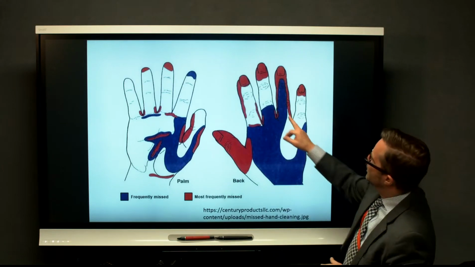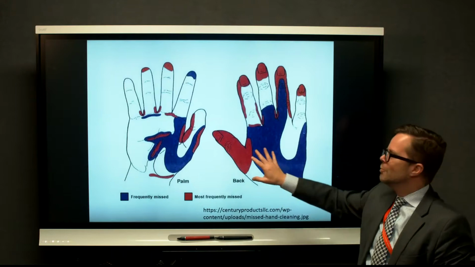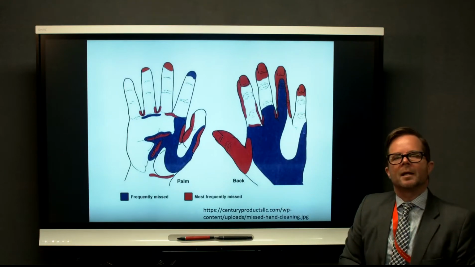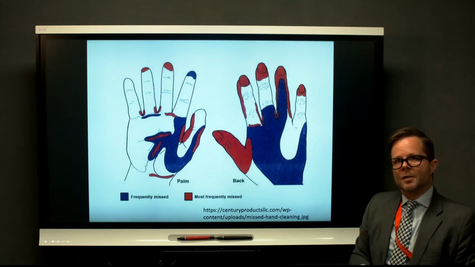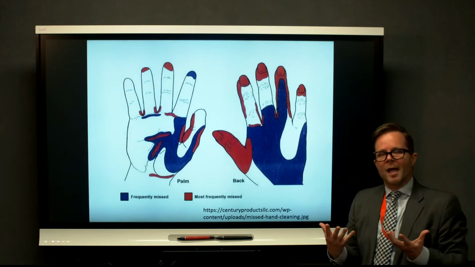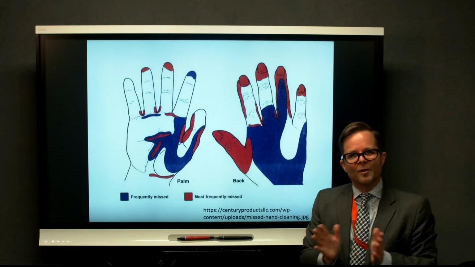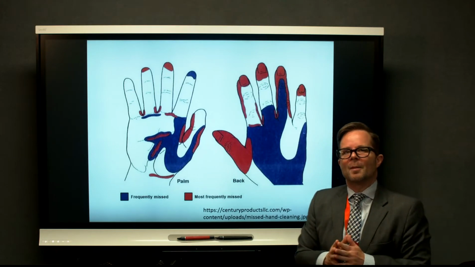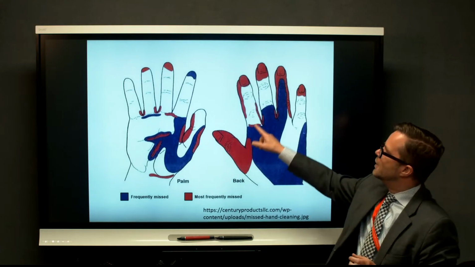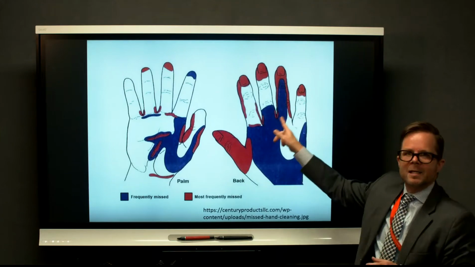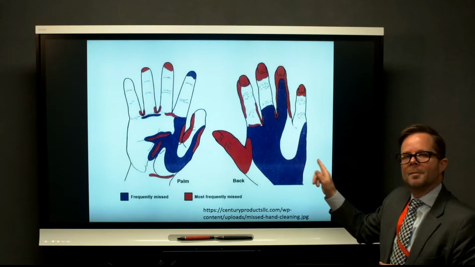Okay, and then the blue shows other frequently missed areas, but the red are the most frequently missed areas. So when we come to learning how to wash our hands, yes, we will have to learn how to wash our hands because we don't know how to do it effectively at the moment. We're going to concentrate on techniques that will actually target these areas deliberately.